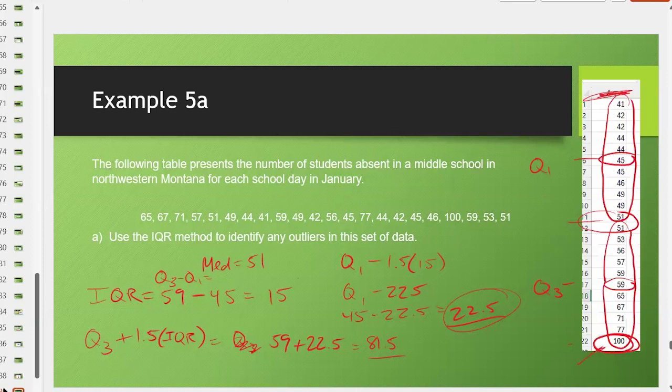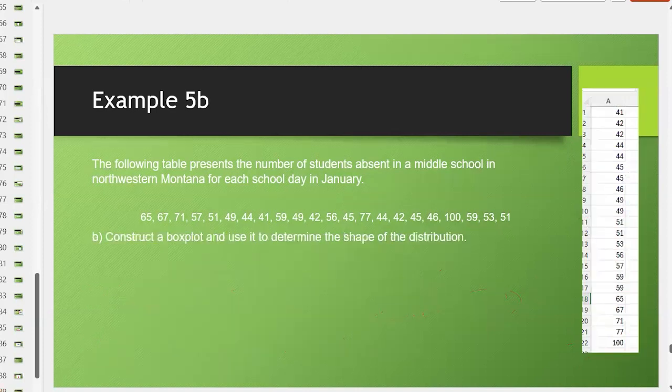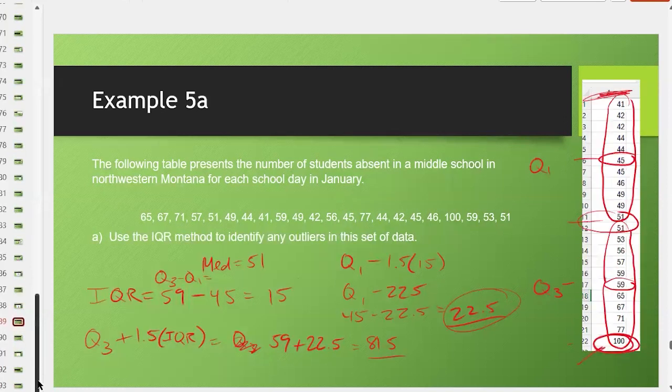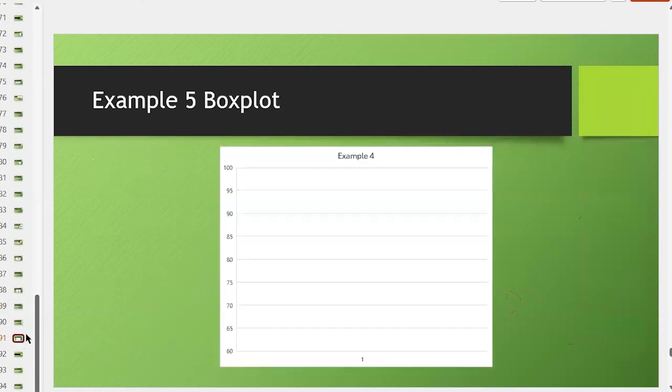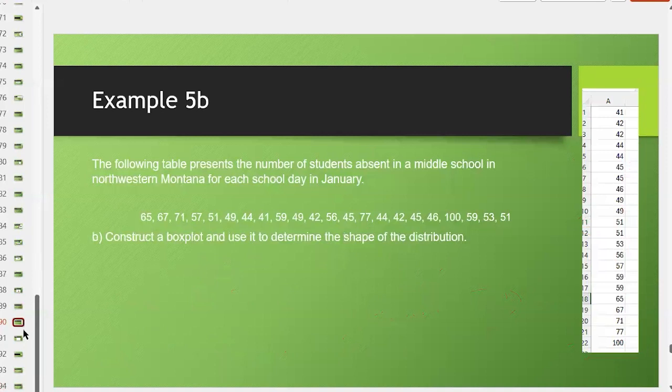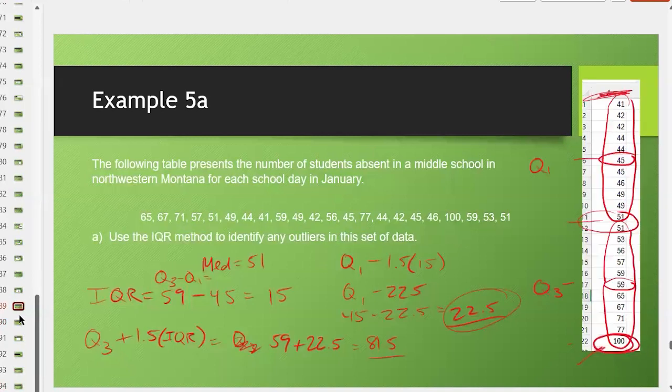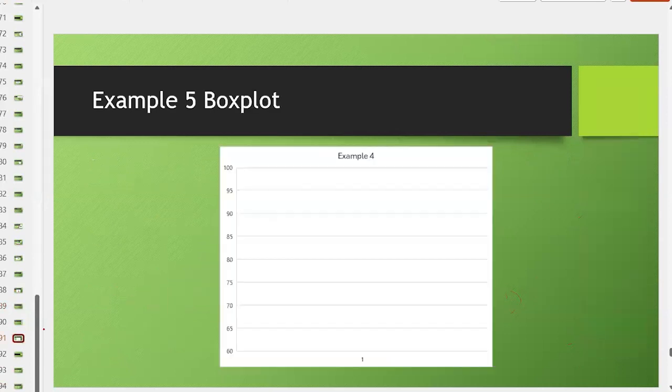And so let's look at how we would put that in a box plot. And I'm going to go to the next page to draw it again. I'm using the same scale as before. Just want to make sure I get these values here. 41, 45, 51. Minimum was 41.